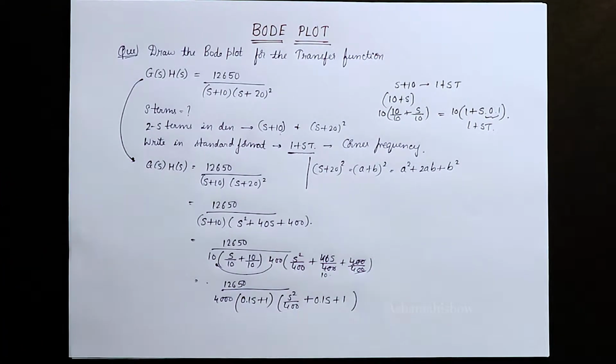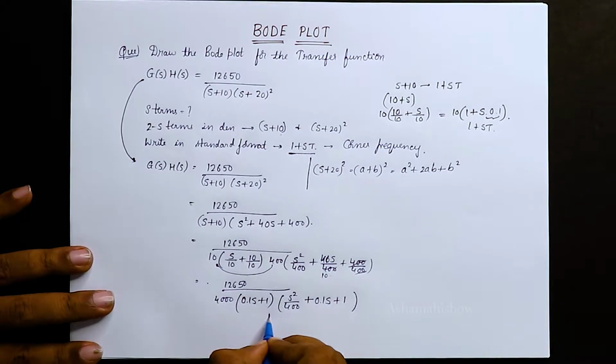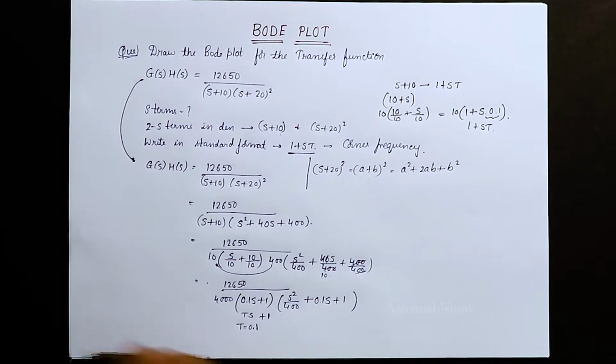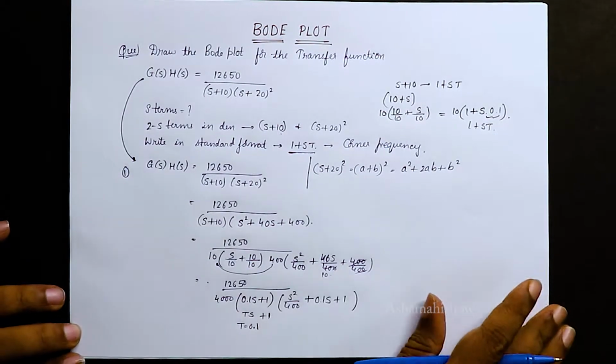So this is how the format will come. This is the format of 1 plus s t where t is equal to 0.1. This is the first part of what you have to do.